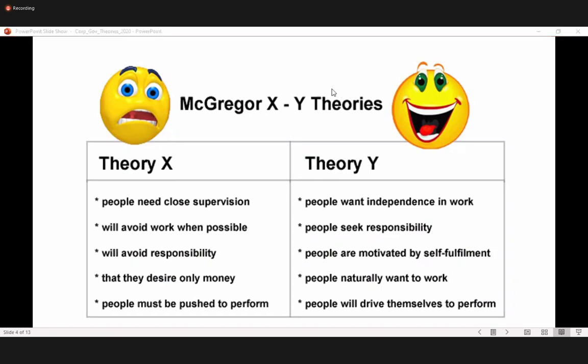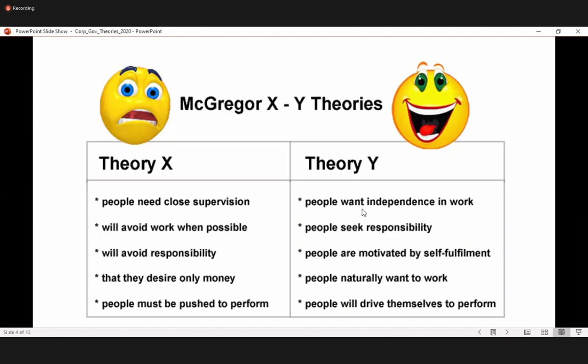So theory X says that people dislike work and that they need close supervision. Also, that means they cannot be trusted. They will avoid work when possible, and they will avoid responsibility. They desire only money, and people must be pushed to perform.